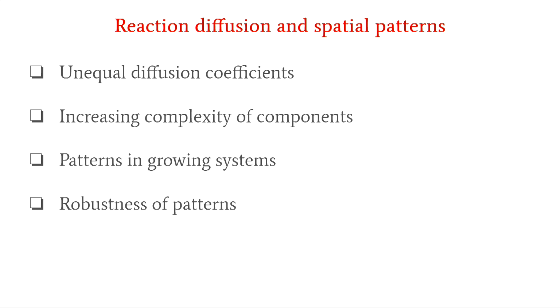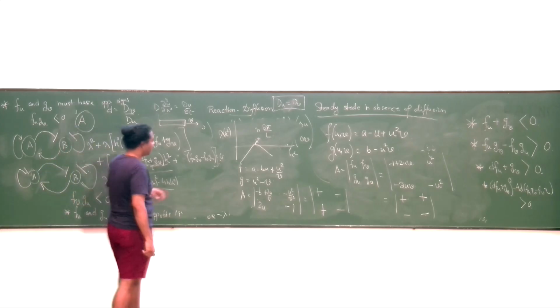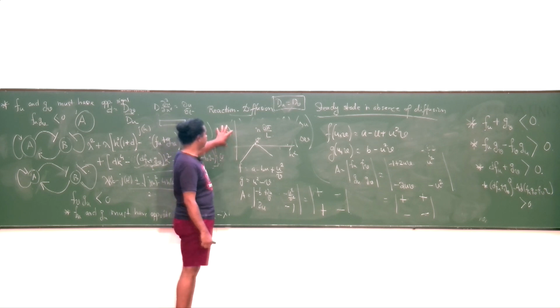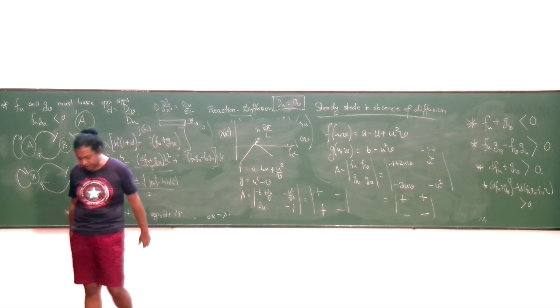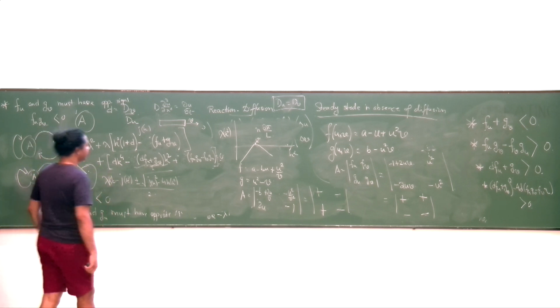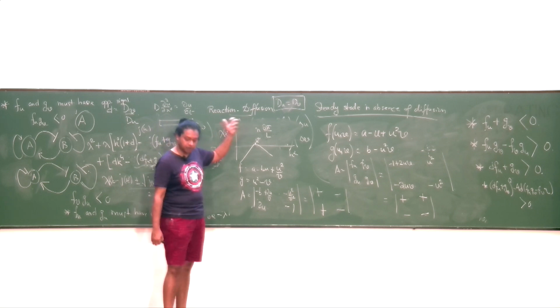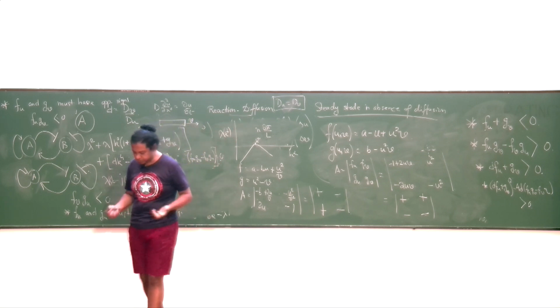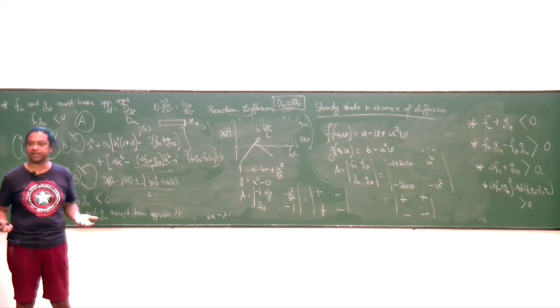Often when you're simulating these Turing patterns, in order to have these eigenvalues which are positive, you do need a large mismatch in the diffusion coefficients. So one has to think about how you achieve this mismatch if the intrinsic diffusion coefficients are not that different.